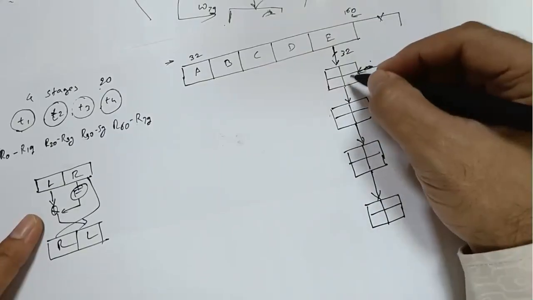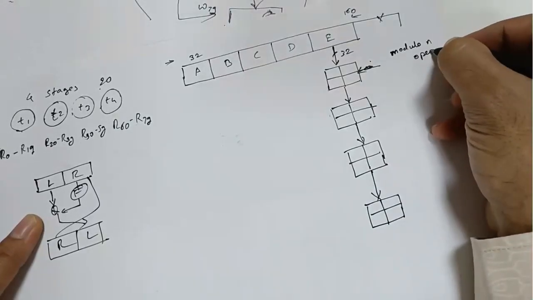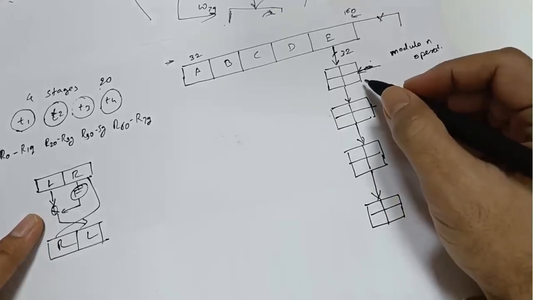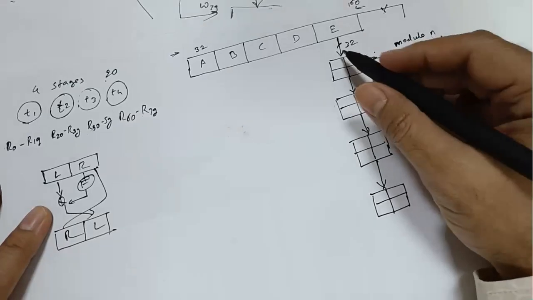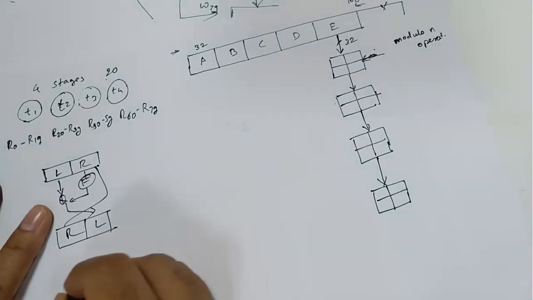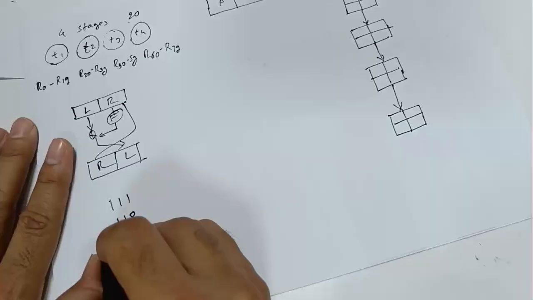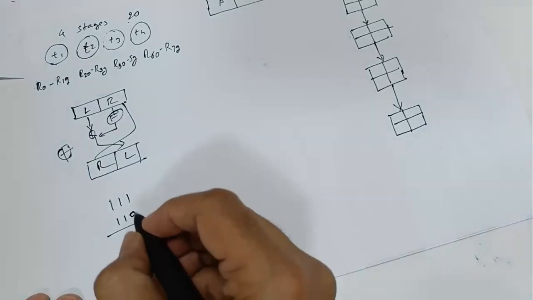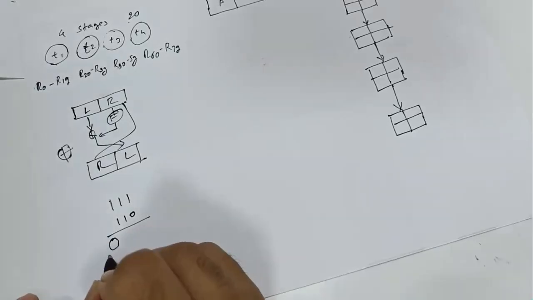Now this operator is the modulo n operator. It is a very simple operator. It adds up 2 integers, let's say 32-bit integers. It adds these 2 numbers and ignores the carry bit.